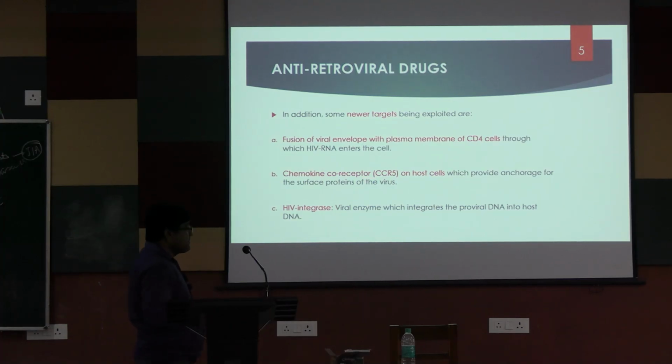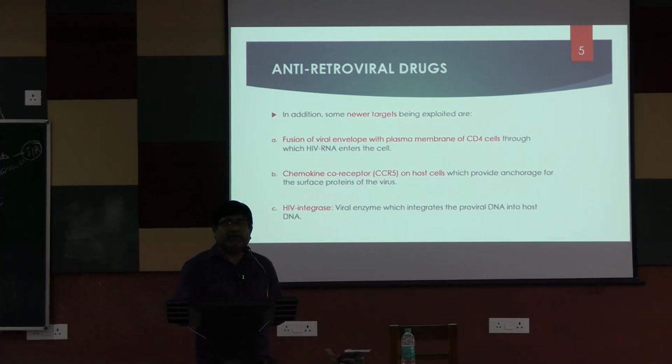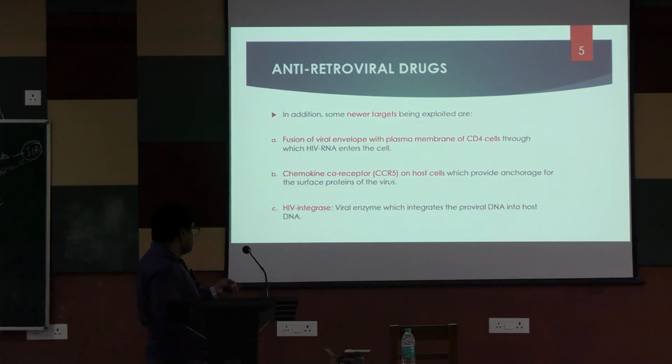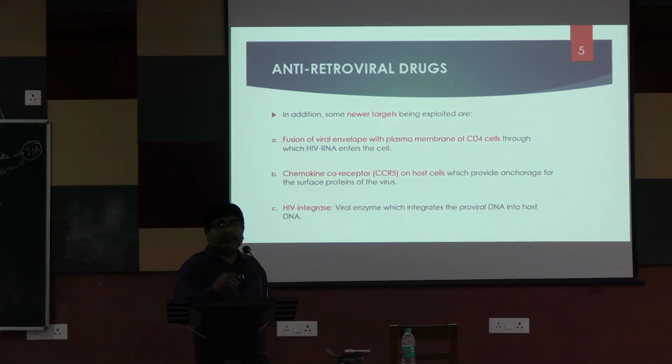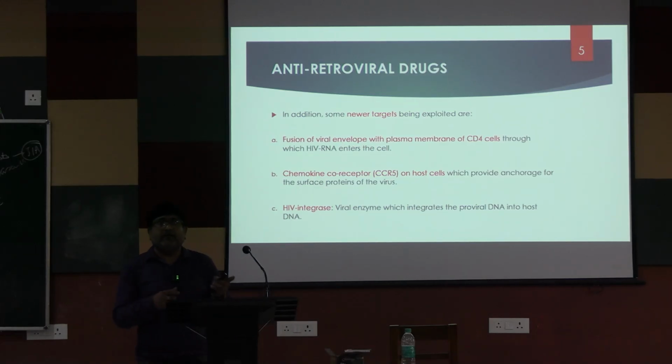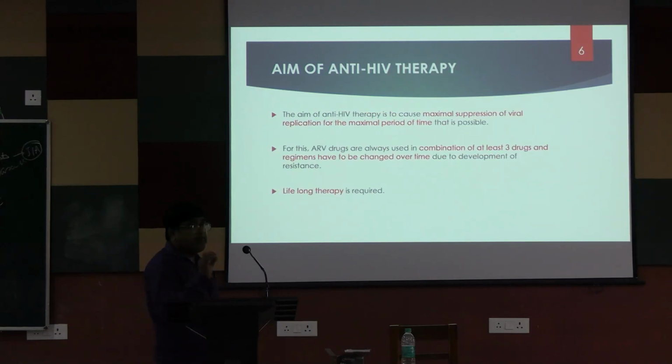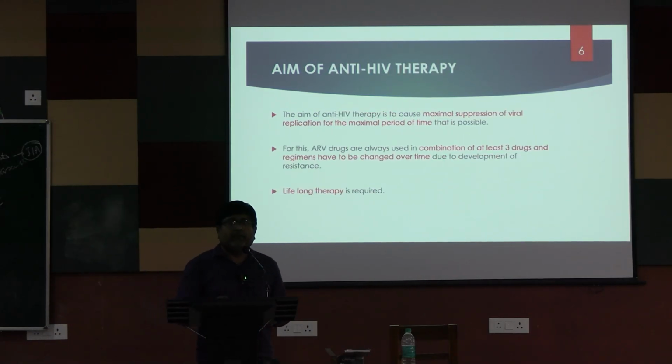Then chemokine co-receptor CCR5 inhibitors, which help in the anchorage of the virus with the surface of the host cell. The drug here is Maraviroc. Then HIV integrase inhibitors, which help in the integration of the viral DNA with the host DNA. Example, Raltegravir. Now, what is the aim of HIV therapy?